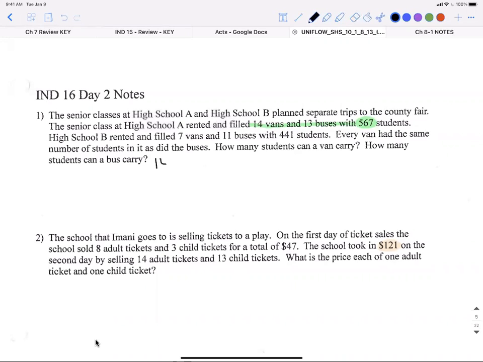We had 14 vans plus 13 buses, and that held a total of 567 students. And then we look at our next high school, and it had 7 vans and 11 buses totaling 441 students. So we've got 7 vans plus 11 buses equals 441 students. This should look familiar as far as the setup.